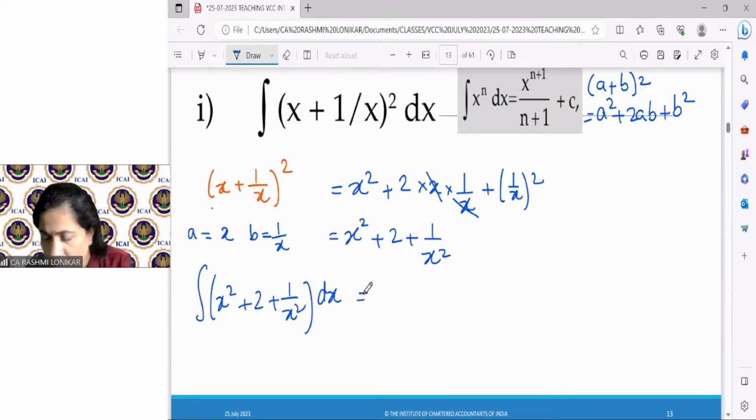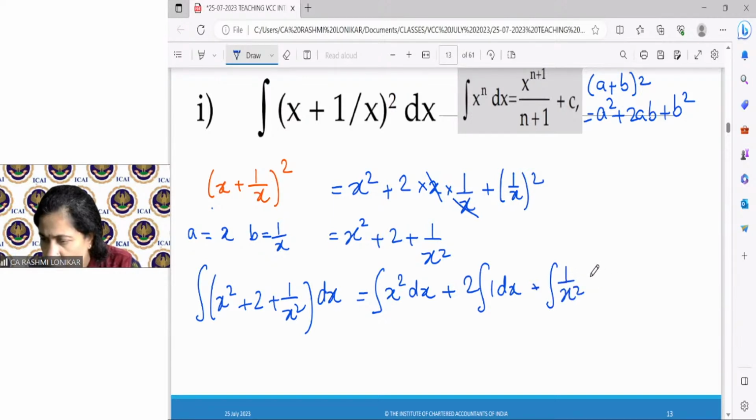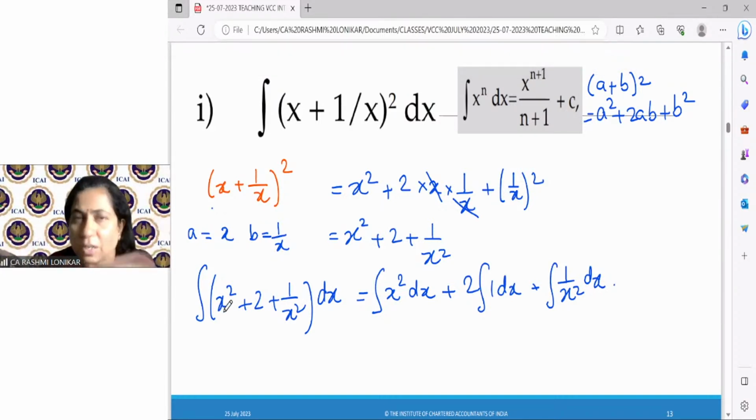This is equal to integral of x square dx plus 2 integral 1 dx plus integral of 1 upon x square dx. So I take the dx, and this whole algebraic function, I will individually find the integration.